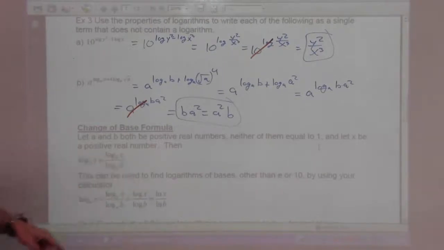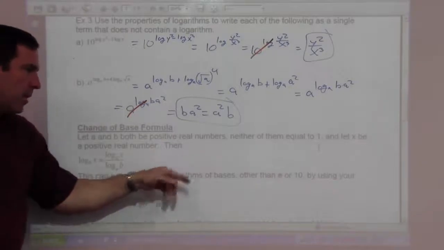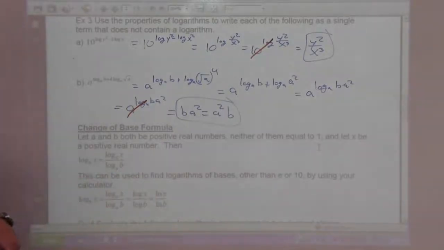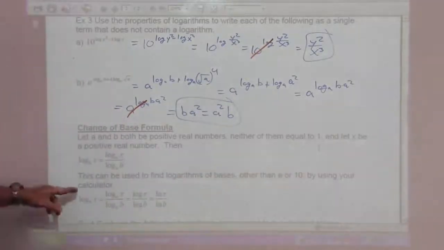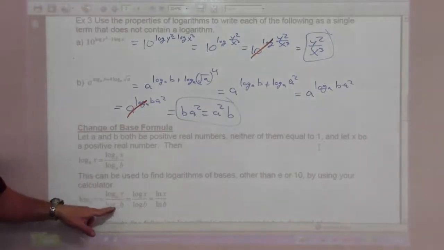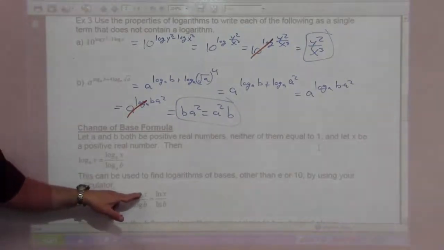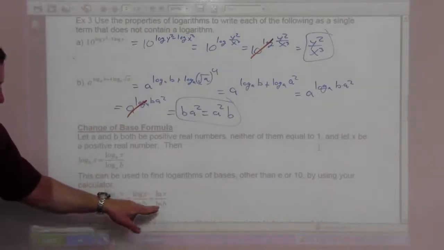There's your x. This can be used to find logarithms of bases other than e or 10. That's natural log, common log. These are what's in the calculator. But using your calculator, log base b of x would be log base a of x over log base a of b, which is the common log of x over common log of b, or natural log of x over natural log of b.